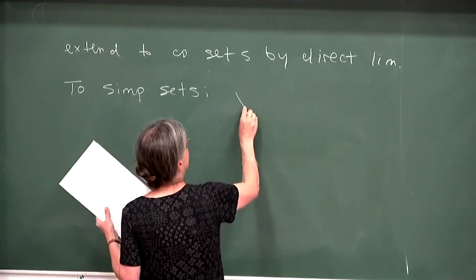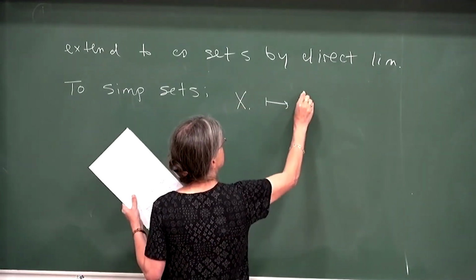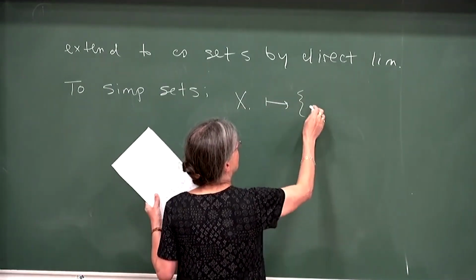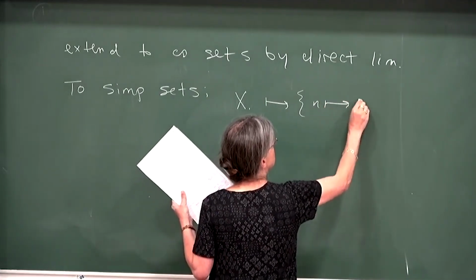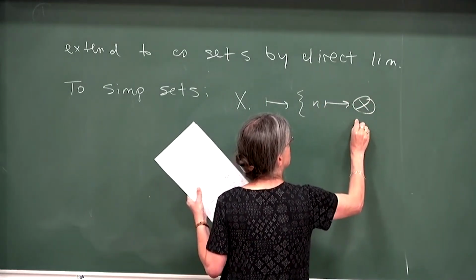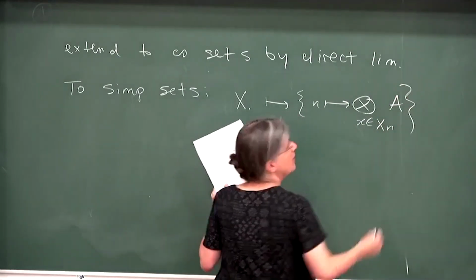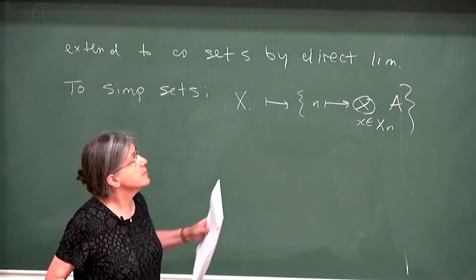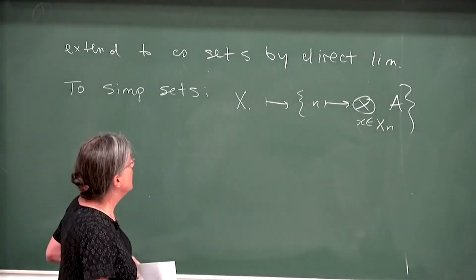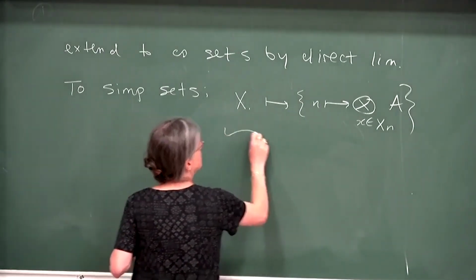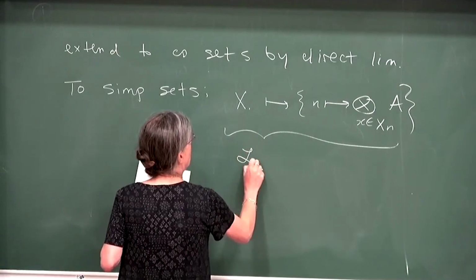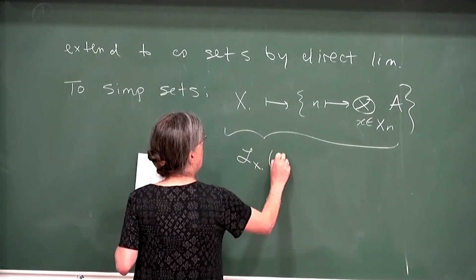So basically, if you have an X, you're going to send it to the thing that sends n to the tensor over X_n of A. And the simplicial structure maps go by that recipe there. And this thing is the thing we call L_X A.